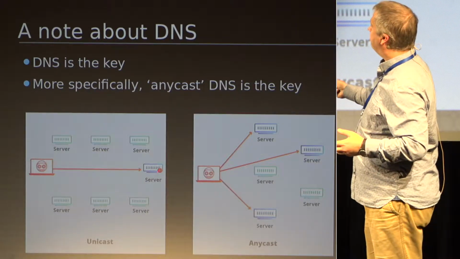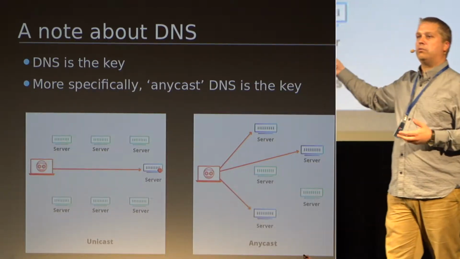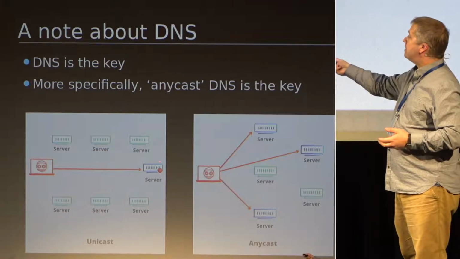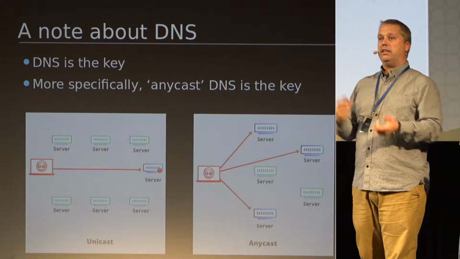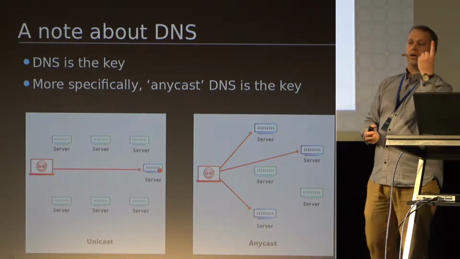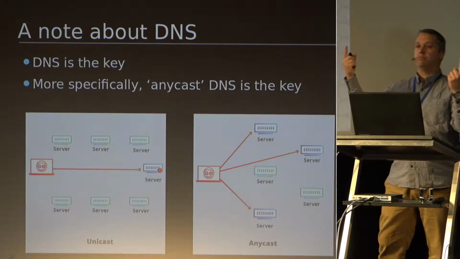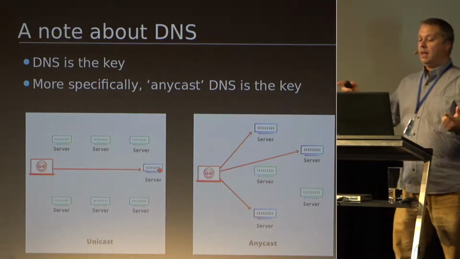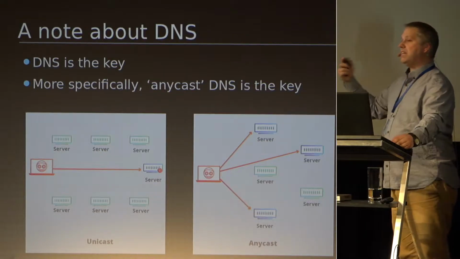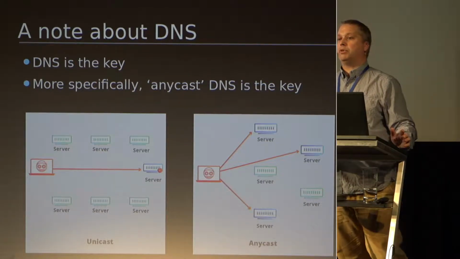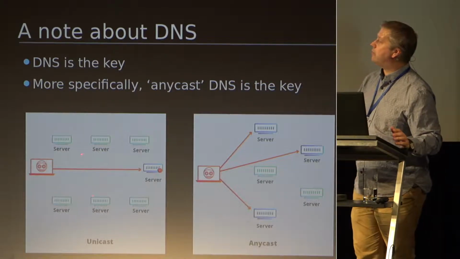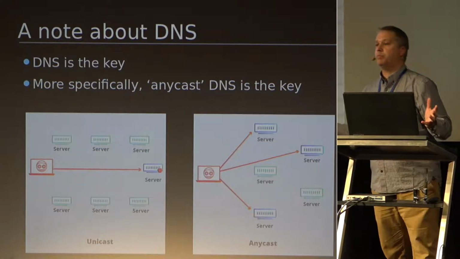You've got a host there, a server of some kind, whatever it may be, and that's got an IP address. In the unicast model, pretty much you've got one IP address, one host, one location. So that's the way it works. Now, in terms of resilience, that's a terrible model. Anything can happen in this network here, and your server becomes unavailable.